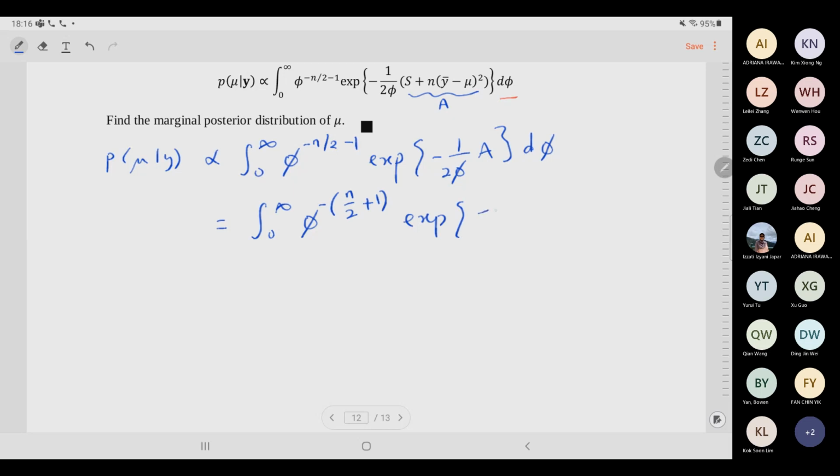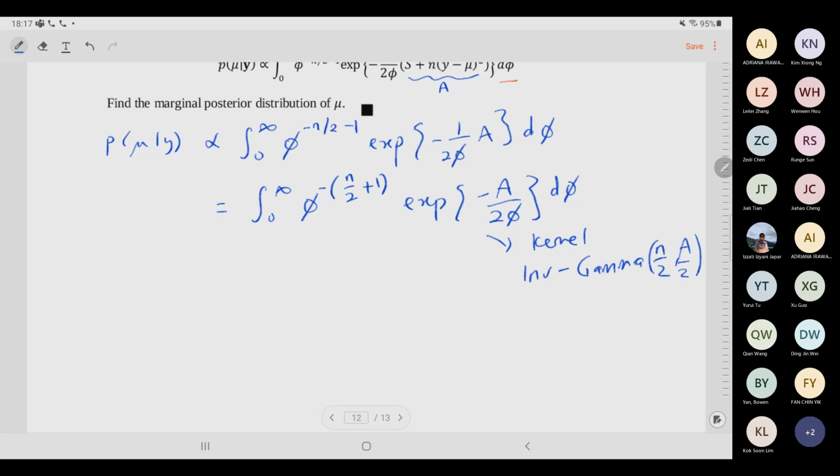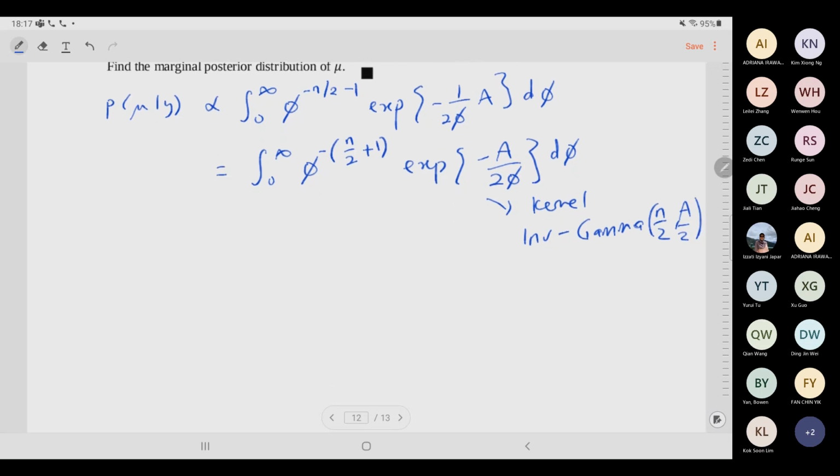So what is this? This is actually the kernel of the inverse gamma, and the parameters are n over 2 and a over 2.